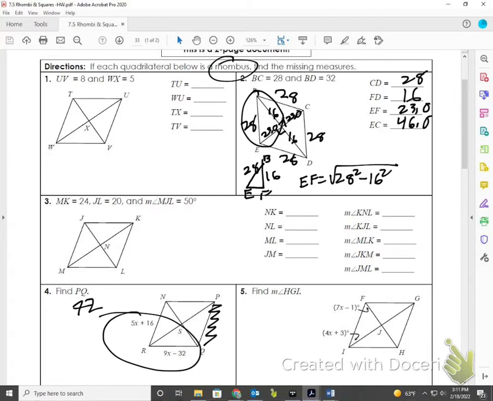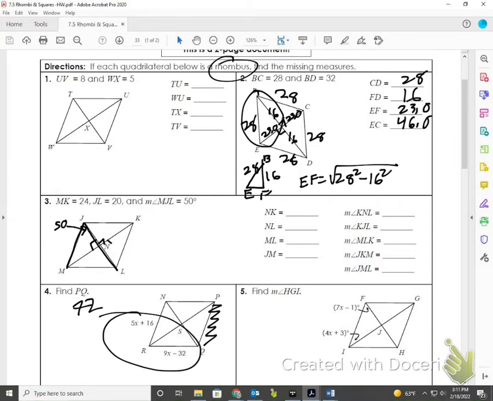Anyway. So here, we have MJL is 50 degrees. Now, what we're going to do is figure out everything else. So we know that this right here is 90.